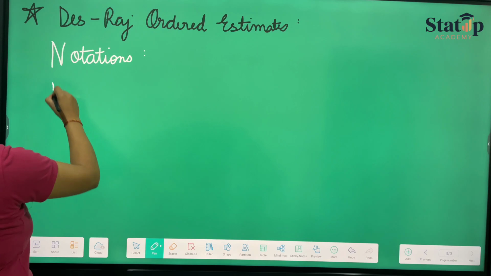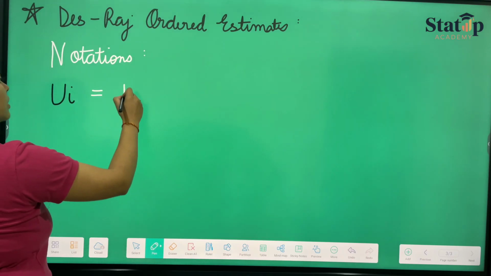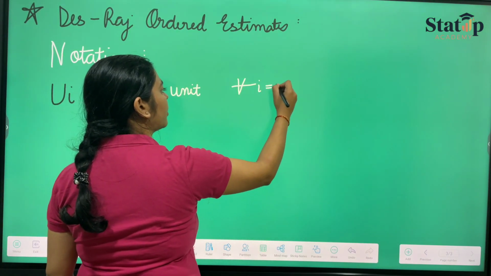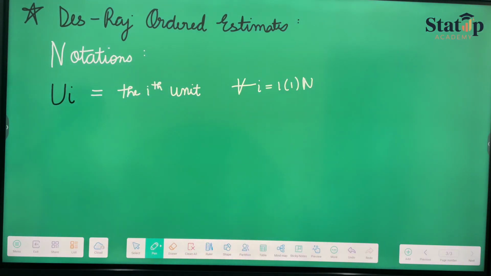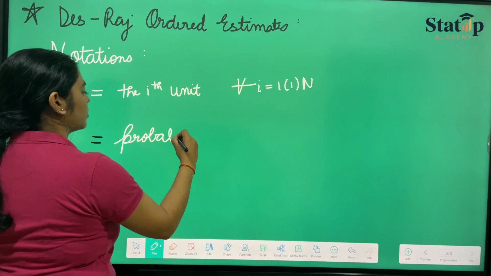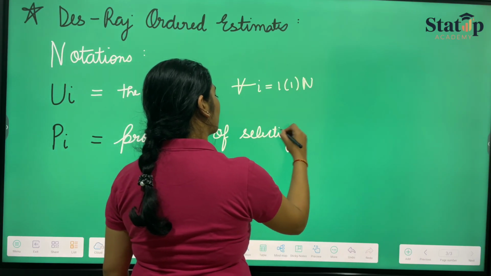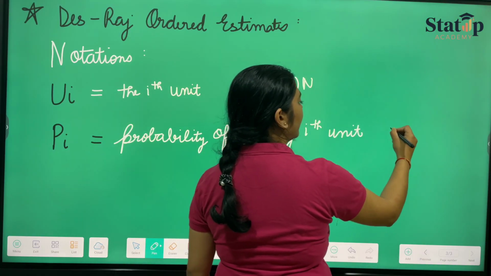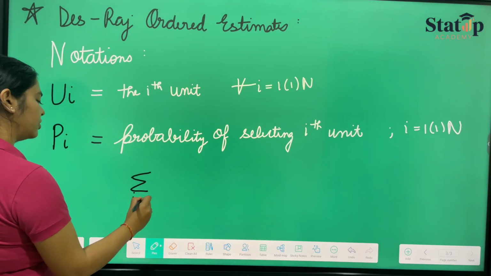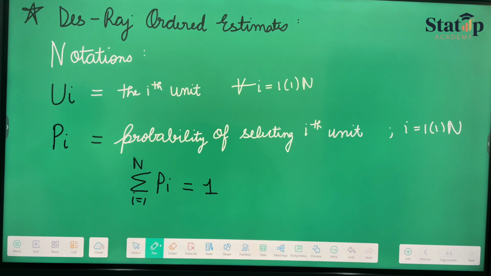First notation is Ui, the ith unit, for all i from 1 to capital N. Then the second is Pi, which is the probability of selecting ith unit, again i goes from 1 to capital N. And we also know that if we sum Pi over i from 1 to N, we get 1. Obviously, all the probabilities should add up to 1.